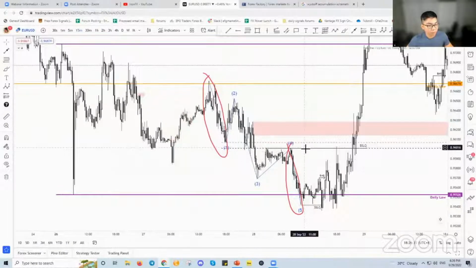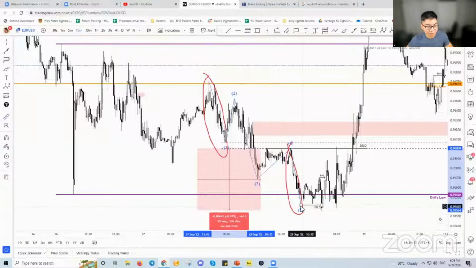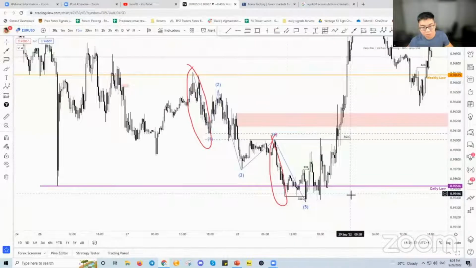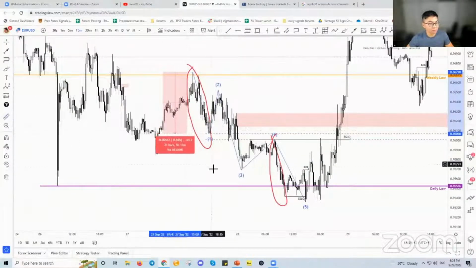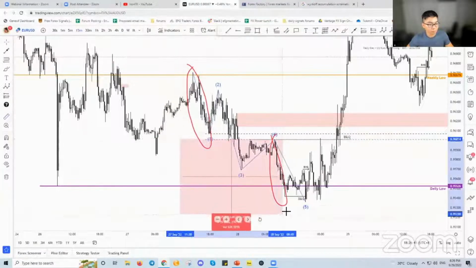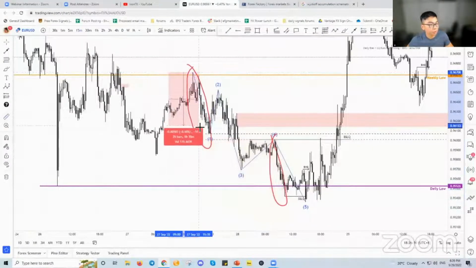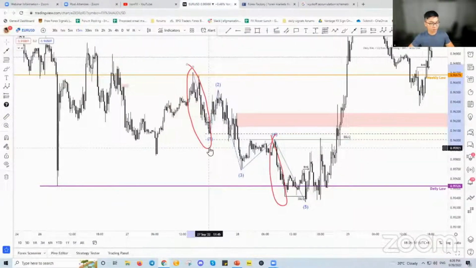So let's go from wave 4 to 5: 64.5 pips. This is one of the nicest accurate ones I've seen so far. The top was 64.0 pips. The difference is just 1 pip, but it's almost the same range.